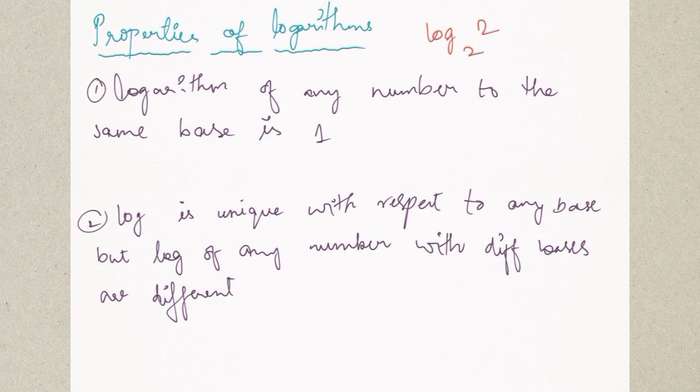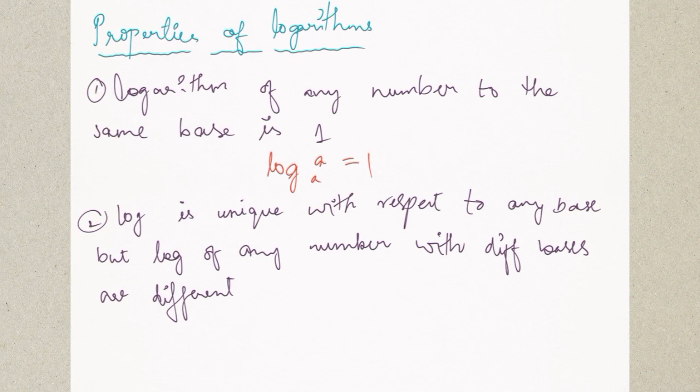Same number, same base, then the answer is simply 1, because 2 power 1 is 2. If you write it in exponential form, 2 power 1 is equal to 2. So when you have the same number and same base, simply remember 1 is the answer. So log a to the base a is equal to 1. This is one property.